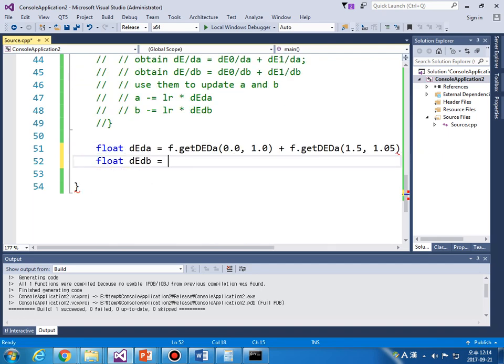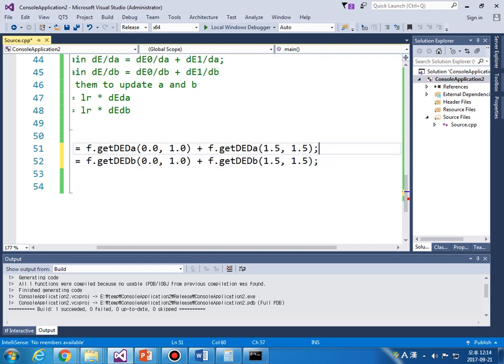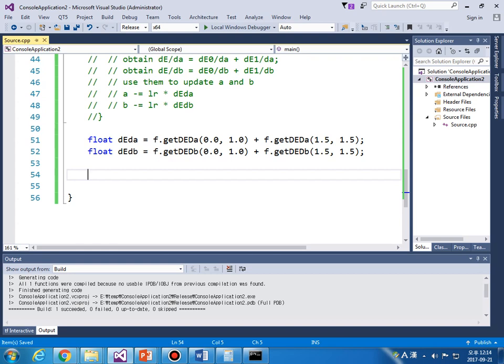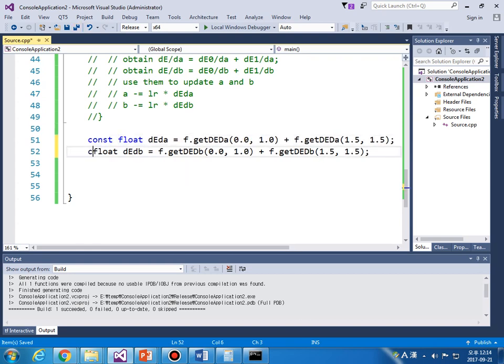And dE dB is f dot get dE dB 0, 1, plus f get dE dB 1.5, 1.5. Okay, we can use const here.